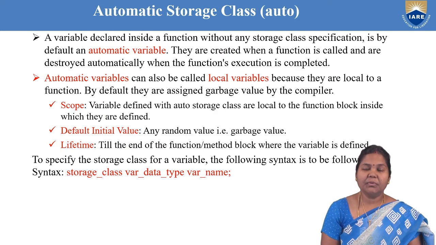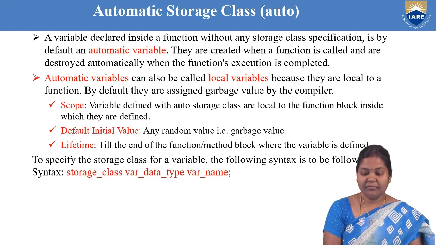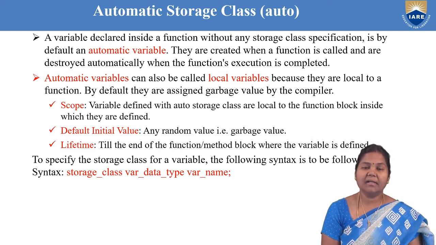Now, let us understand the automatic storage class first. A variable declared inside a function without any storage class specification is by default considered automatic. They are created when a function is called and are destroyed automatically when the function's execution is completed. That means when you do not mention the storage class of a variable, it is by default automatic.